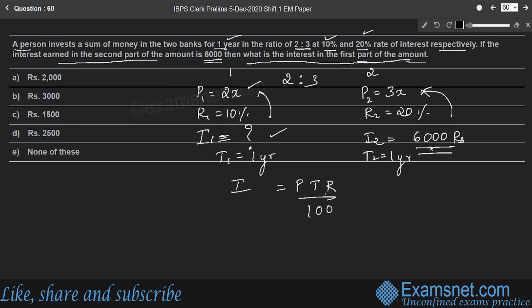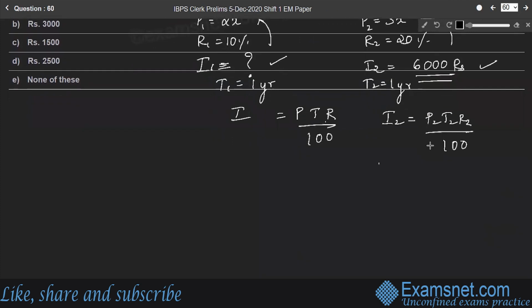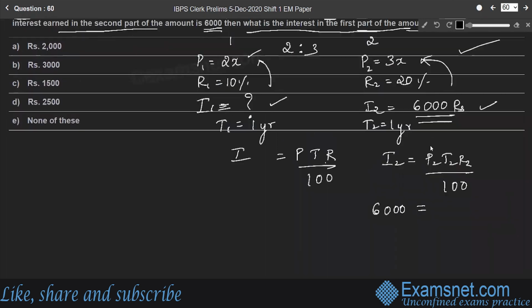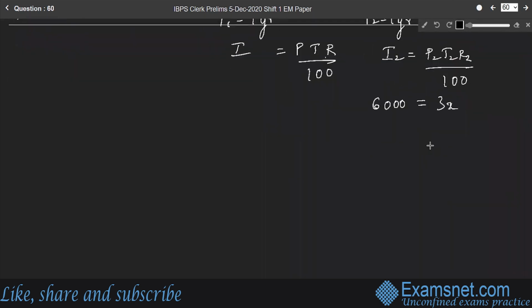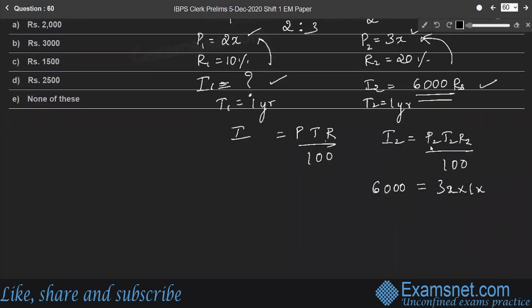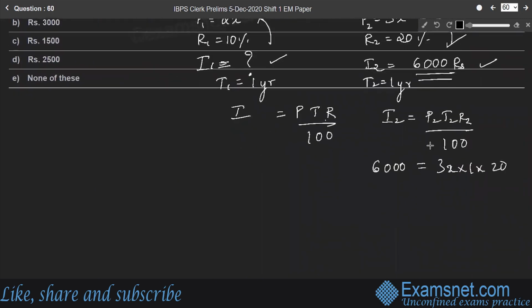For this, let us consider the second bank interest. Here I2 is P2 T2 R2 by 100, right? So what is I2? Amount of interest is given, 6,000 rupees. P2 principal is 3x here, time period is 1 year, into rate of interest 20%.